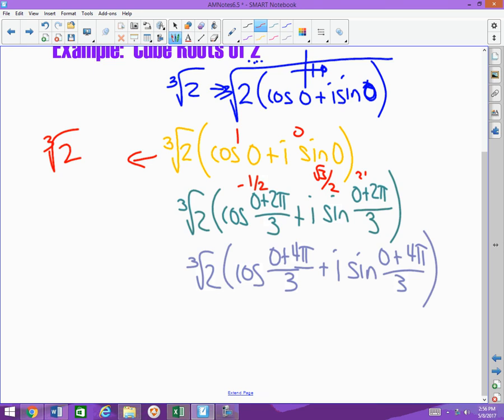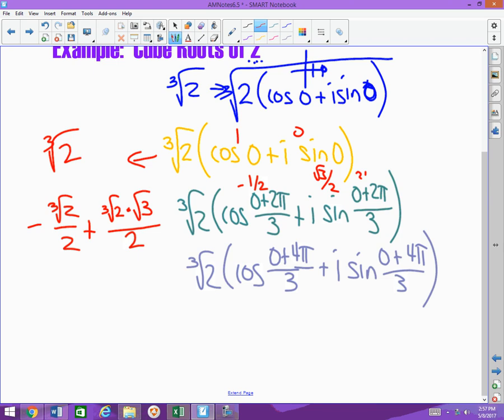So then you would have the cube root of 2 times a negative 1/2, which would be a negative cube root of 2 over 2, plus the cube root of 2 times the square root of 3 over 2. And then you can leave it like that if you would like.